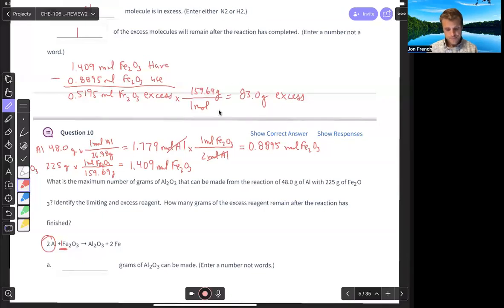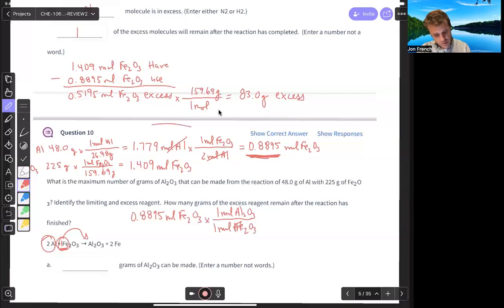Oh yeah, part A. Grams of aluminum oxide that can be made. Well, 0.8895 moles of iron 3 oxide, that's how much of this we're going to use. So let's find out how much aluminum oxide that's going to make. Well, we know for every 1 mole of iron 3 oxide, I'm going to make 1 mole of aluminum oxide. We would get the same answer if I use the moles of aluminum.